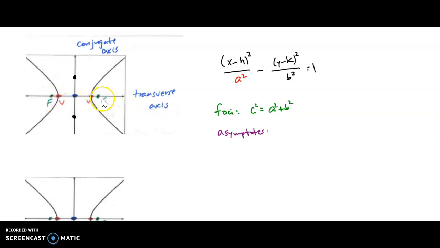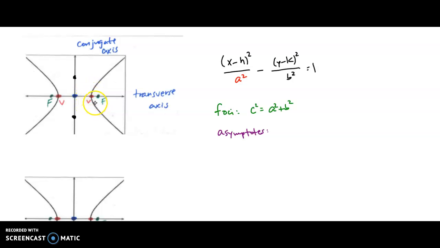For the ellipse, we called it the major axis, and the major axis for hyperbolas we call the transverse axis. The minor axis we call the conjugate axis. Normally we don't plot these points, but it's going to be helpful in a little bit. I'm not going to try to explain everything right now.